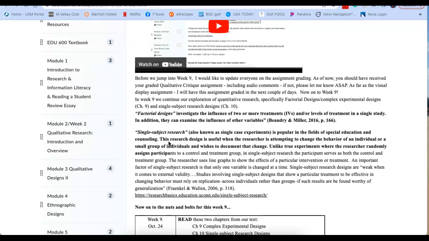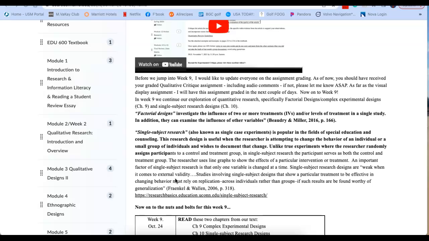So there's some issues with this type of research. External validity, meaning that studies involving single subject designs that show particular treatment to be effective in changing behavior must rely on replication across individuals rather than groups. So once again, this is individuals. You're treating individuals, and I think the thing with the validity is it's hard to replicate beyond the individual.